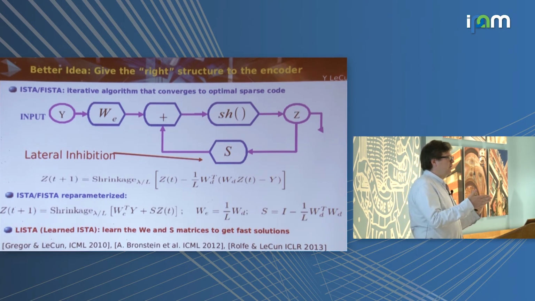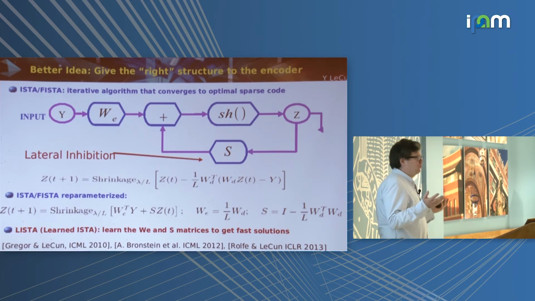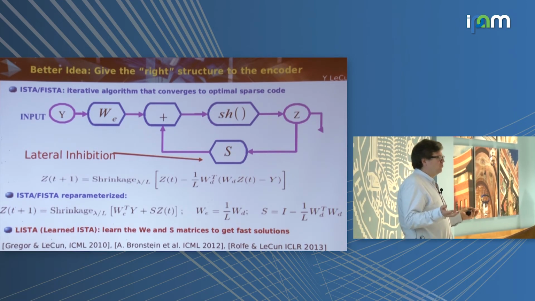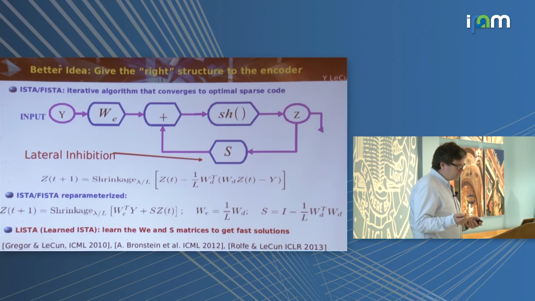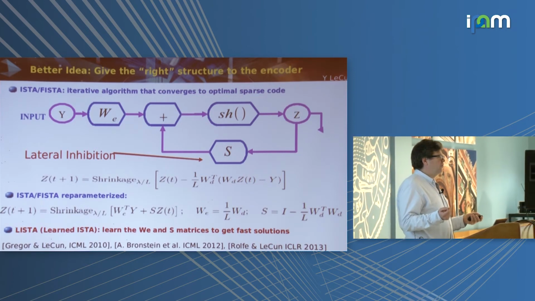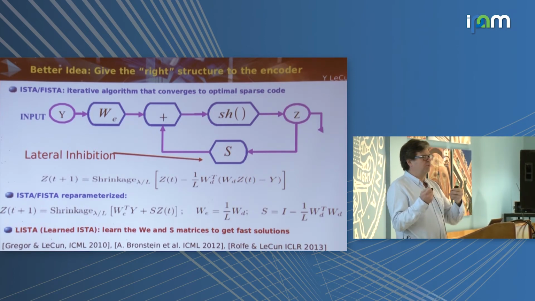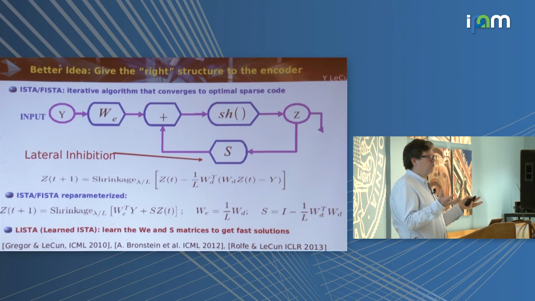It sounds like a free lunch, but it's not really, because the reason why it might work is that the type of data you are interested in is usually very structured.